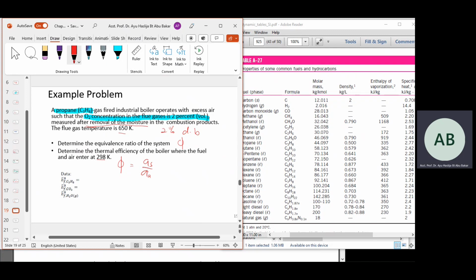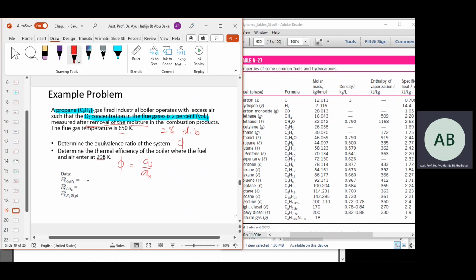From the AF ratio. Okay, first thing first, we answer for the equivalence ratio first. To get the A start, we can get from the equation x plus y over 4. A actual, you will need to find out from the general combustion equation.